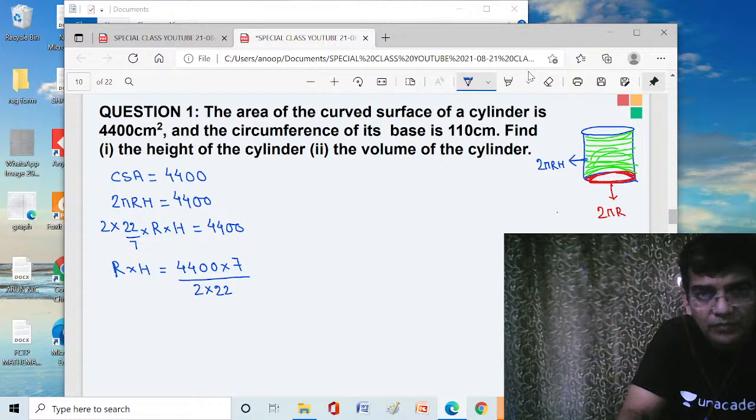So r h is equal to 700. Now this is an equation in which there are two variables, so you cannot solve this equation. So let it be marked as equation number 1. Hope this is clear to you.